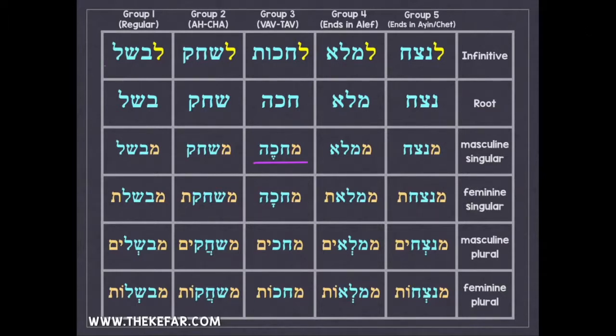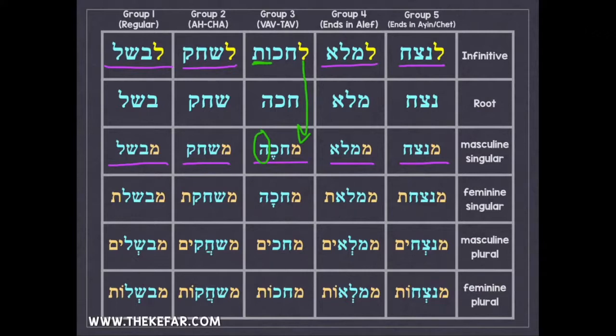So we go from levashel to mevashel, lesachek, mesachek, lemale, memale, lenatzeach, menatzeach. Okay, where we have the difference here is because we change that vav tav into a hey. So we're still replacing the lamed with a mem, but it also gives us a different ending. So we get mechake instead of mechakot.